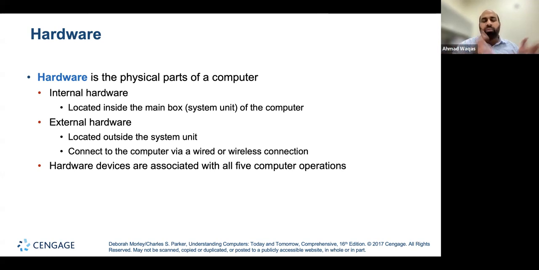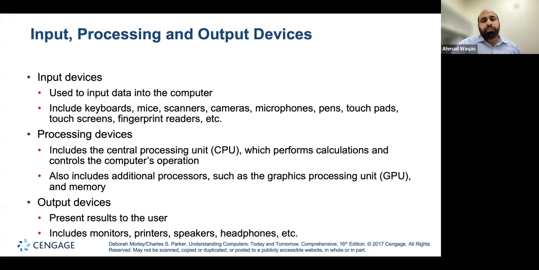So all 5 we'll see one by one in detail in the upcoming lectures. So input devices, here we have the introduction, but we'll see the detail of those later on. So input devices are used to input the data to the computer, like the keyboard, mouse, scanner, cameras, microphone, pen, touchpad, touch screens, fingerprint readers, etc.